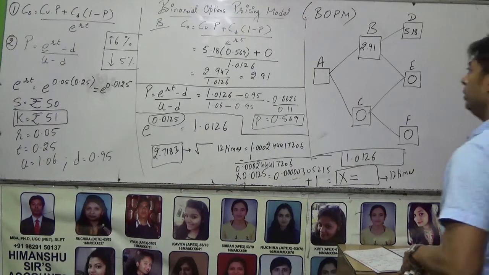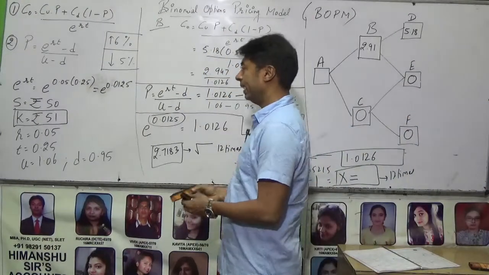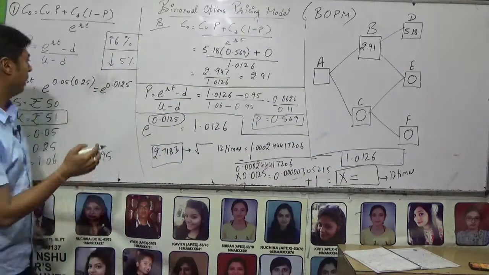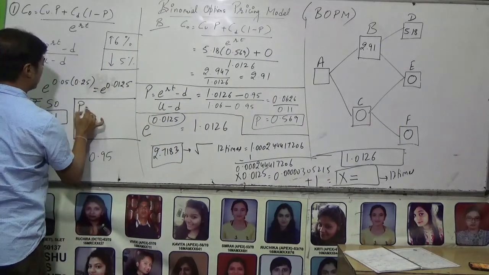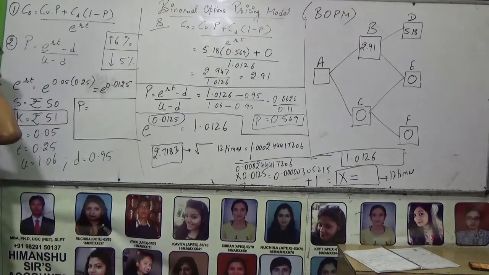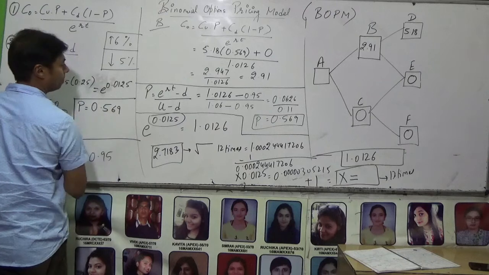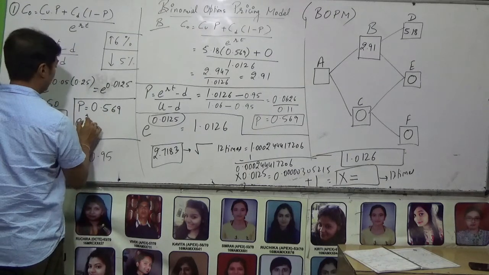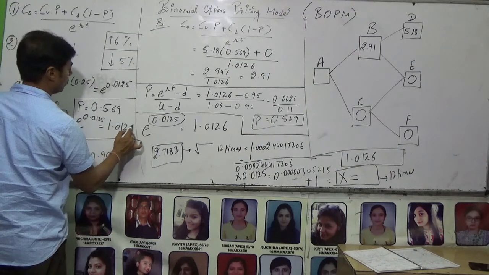Okay, let's move on. This was the value at D. So I am taking down the value of the probability, the probability constant. It is binomial option pricing constant, that is 0.569. Then ERT is 1.0126.